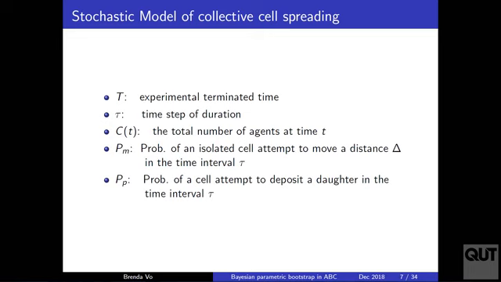By isolated cells, I mean a cell that doesn't have any occupied neighbor. So we're looking at 4 neighbors. If a cell doesn't have anyone around, it has more chance to move compared to if it has some cells around, because we have a characteristic or parameter that we're looking at called the cell-to-cell adhesion.